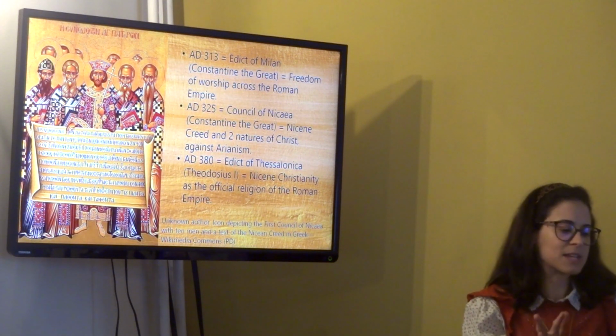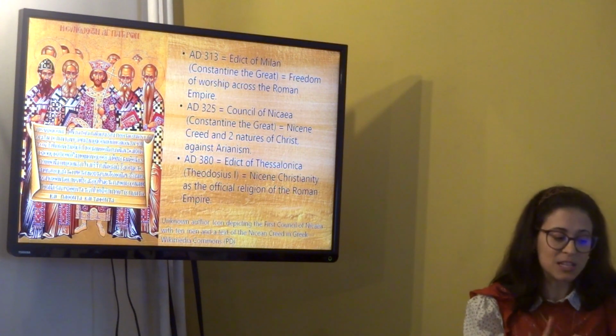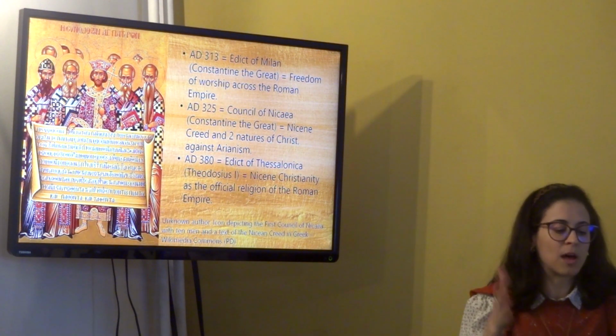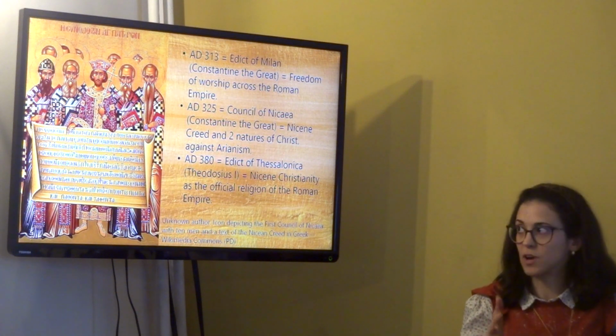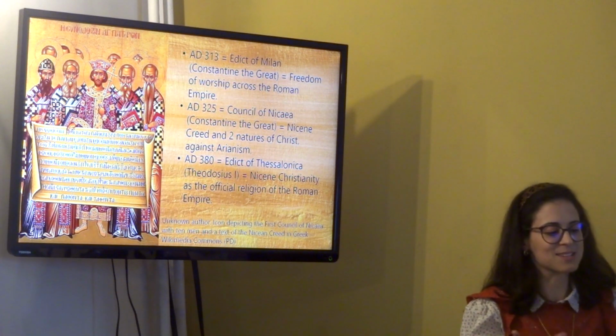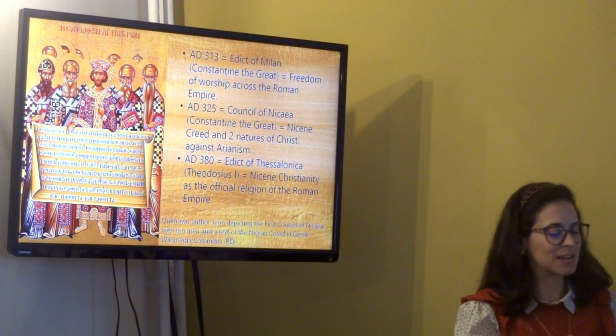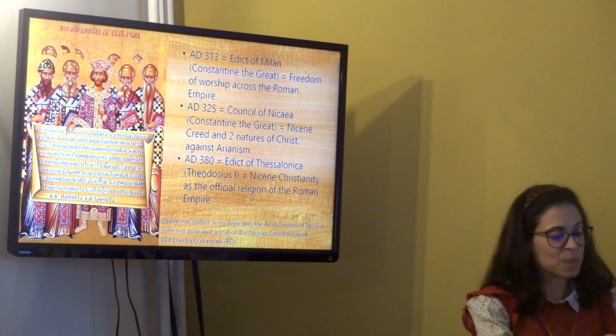So in the Council of Nicaea, basically the Nicene Creed was established, and the dogma of the two natures of Christ, divine and human, against Arianism. Arianism was the main heresy back then.